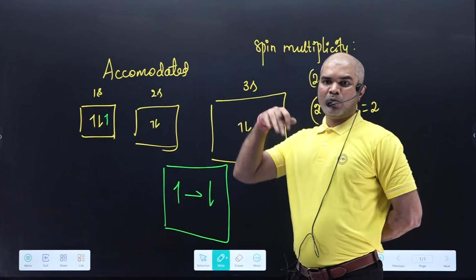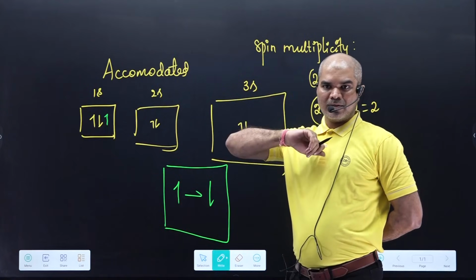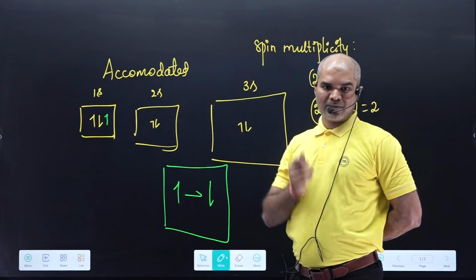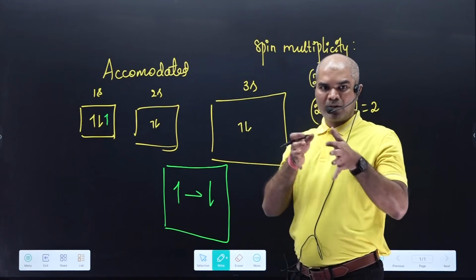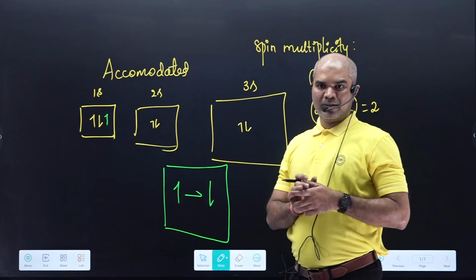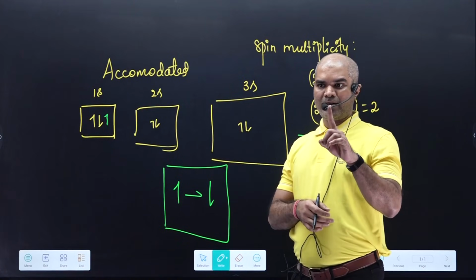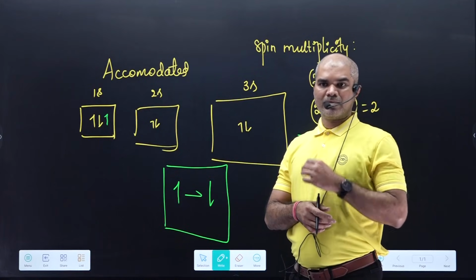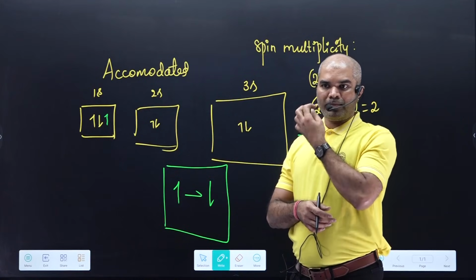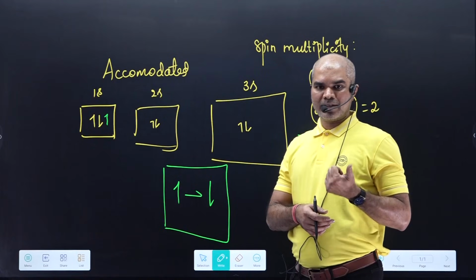Okay? If I want to accommodate 4 electrons, then what should be the spin of the electron? If I want to put 4 electrons in a single orbital, what should be the spin of an electron?